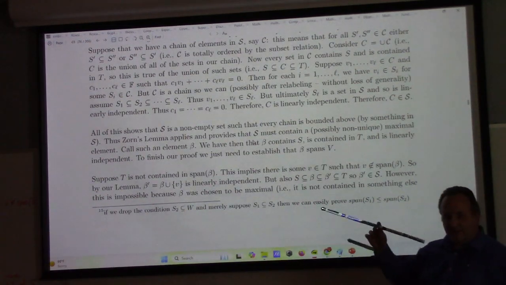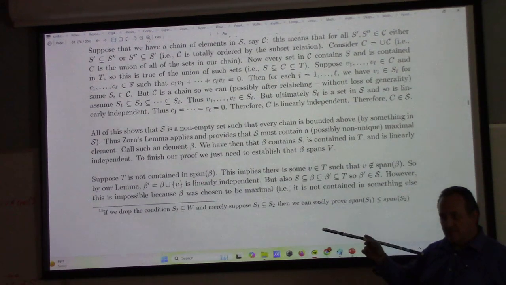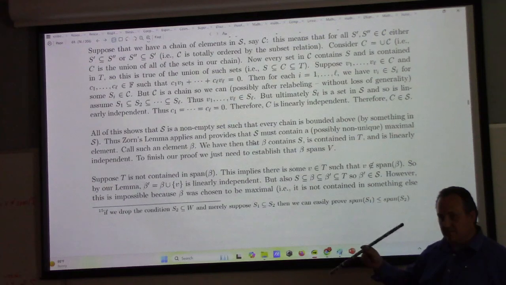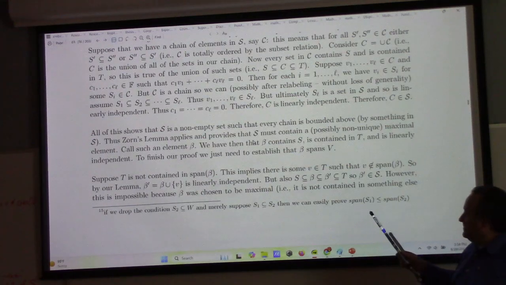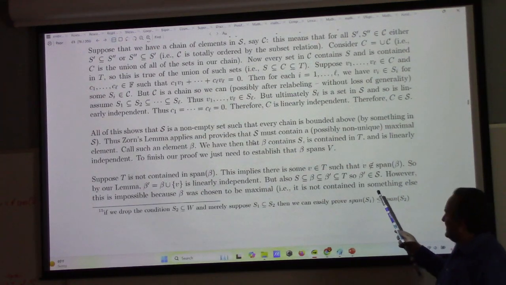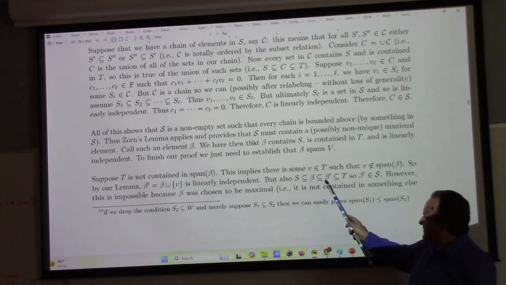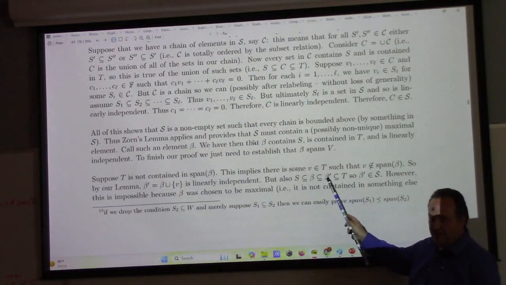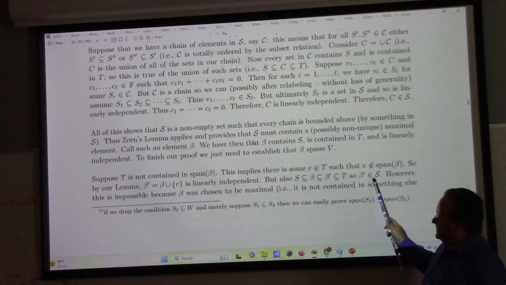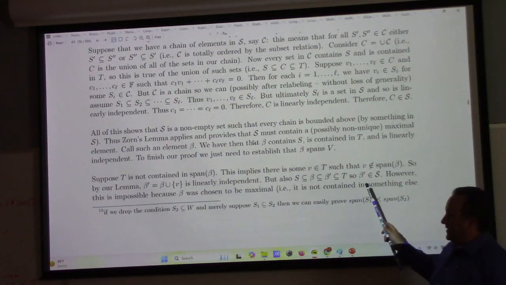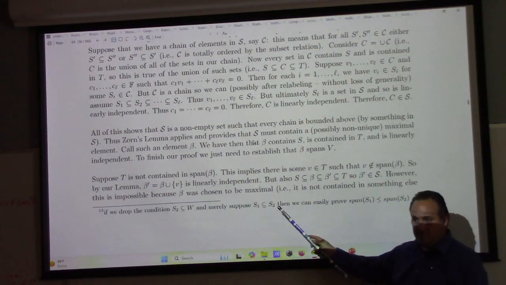If you take a vector outside of the span of a linearly independent set and you union it with that vector, you get a linearly independent set, right? So this beta prime would be linearly independent. But it's a linearly independent set that's containing beta. And that means beta prime is in the snake.